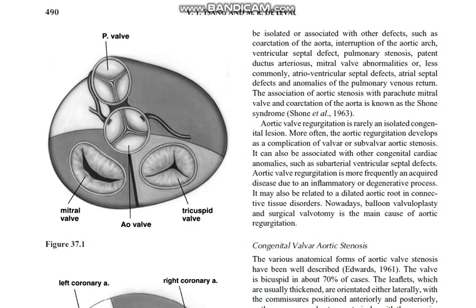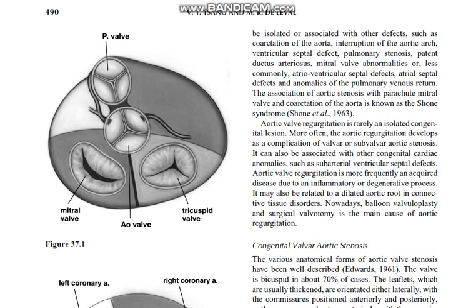The association of aortic stenosis with parachute mitral valve and coarctation of the aorta is known as the Shone syndrome. Aortic valve regurgitation is rarely an isolated congenital lesion. More often, the aortic regurgitation develops as a complication of valvular or subvalvular aortic stenosis. It can also be associated with other congenital cardiac anomalies such as subarterial ventricular septal defects.